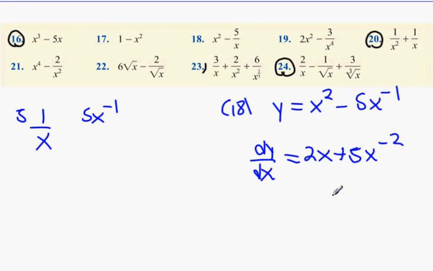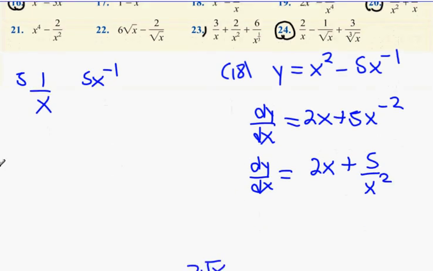x to the minus 2. Once again, some books may write it like this. That's a perfect answer, but some books may do it like this. And another book again could have the answer like this. The answer could be a common denominator.